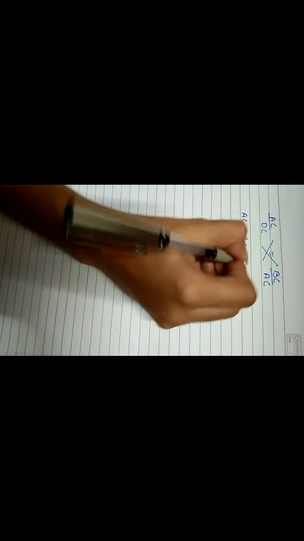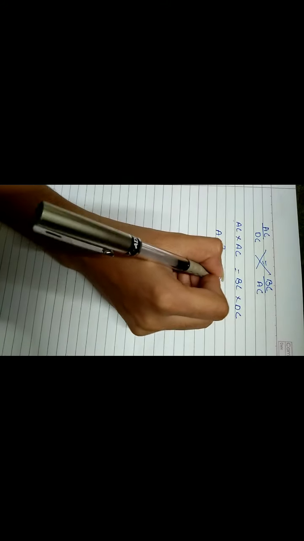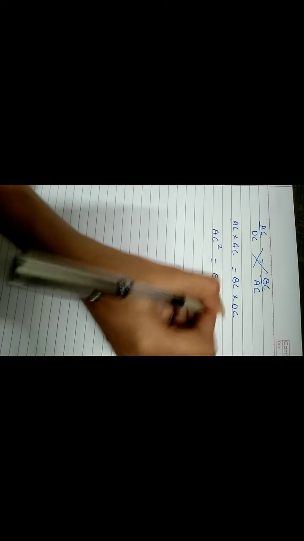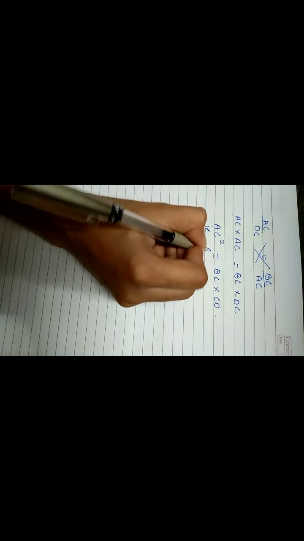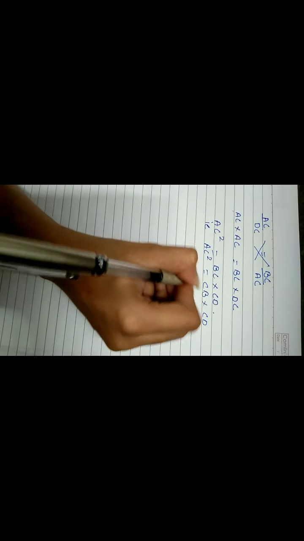AC upon DC is equal to BC upon AC. Cross multiply. AC into AC is equal to BC into DC. AC into AC is AC square, equals BC into CD. That is AC square is equal to CB into CD. Hence proved.